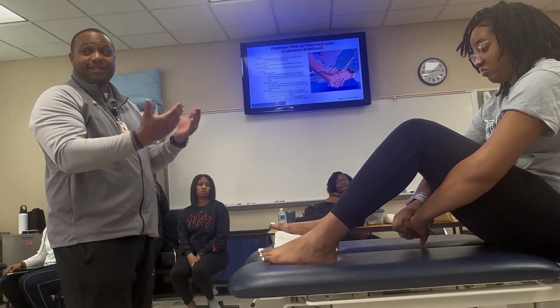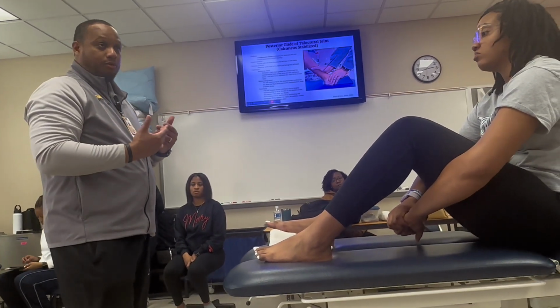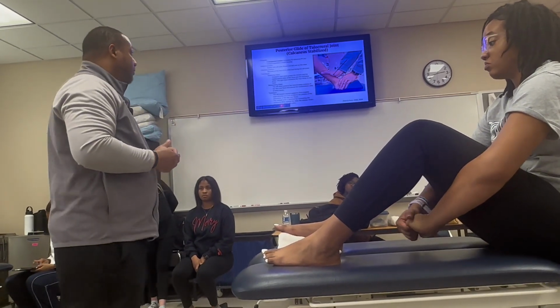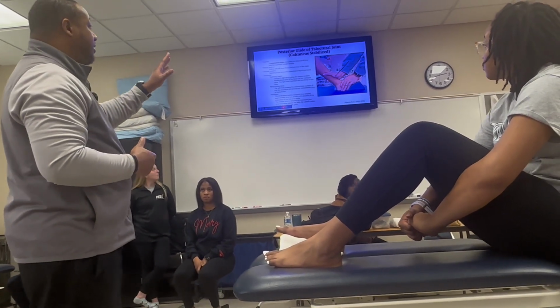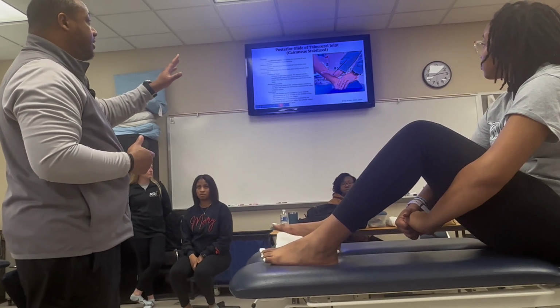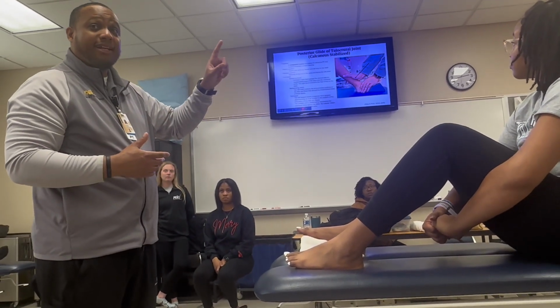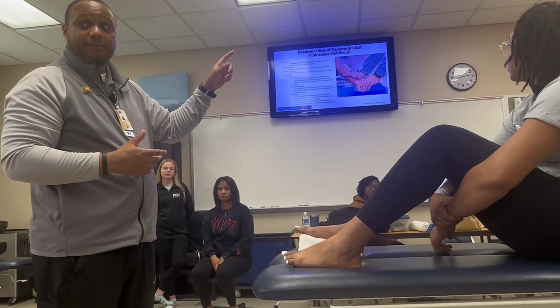Because the talus is actually gliding anteriorly. So I'm using terminology in reference to the direction that the talus is gliding. All right, so that's the posterior glide of the talocrural joint with the calcaneus stabilized, but in actuality, the talus is gliding anteriorly. Everybody got that?